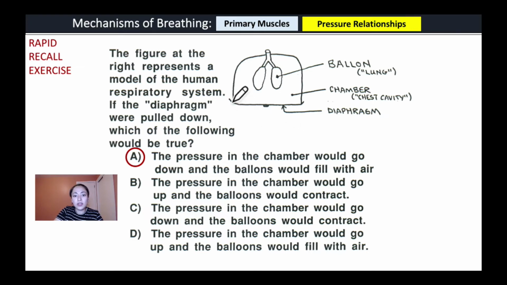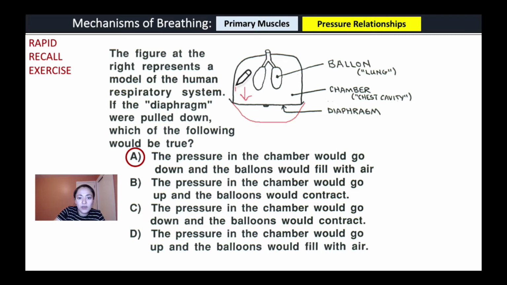This occurs because if I pull the diaphragm down, so let's imagine that I'm pulling it down like this, now I've increased the volume in the chest cavity. And if I increase the volume, what happened to the pressure? If you increase the volume, the pressure goes down. So the pressure is lower here.